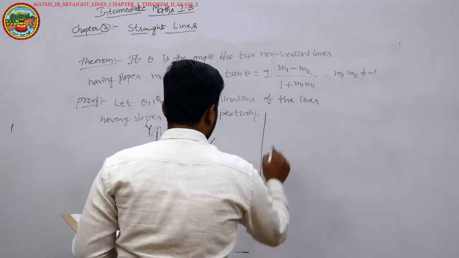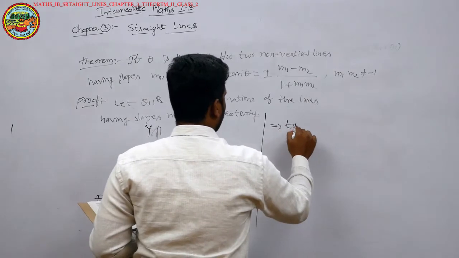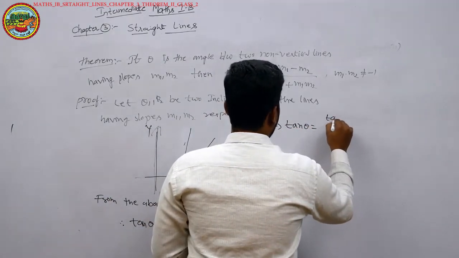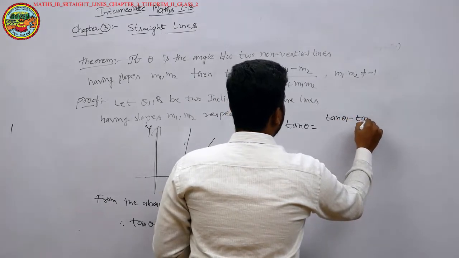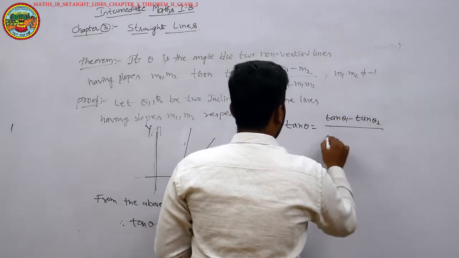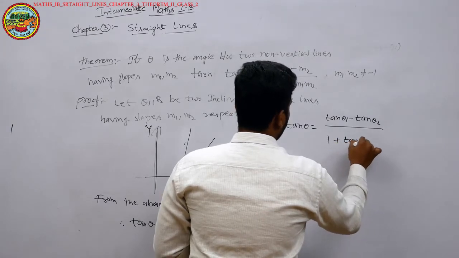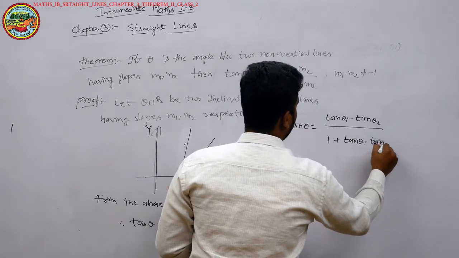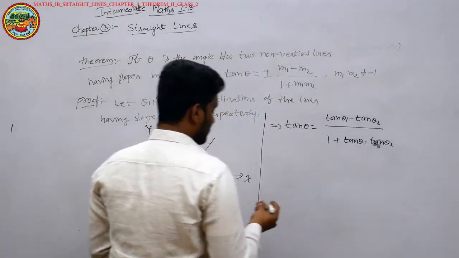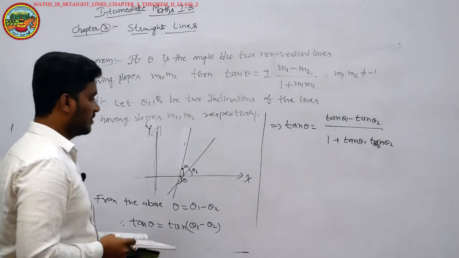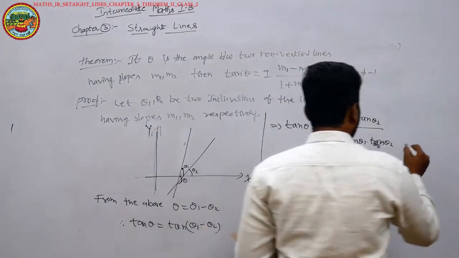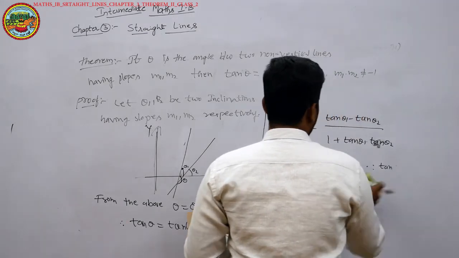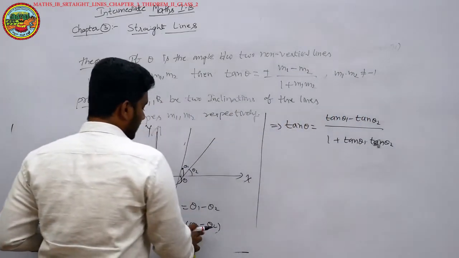So tan theta is equal to tan theta 1 minus tan theta 2 by 1 plus tan theta 1 into tan theta 2, since from the trigonometric formulas we have, directly we apply tan of theta 1 minus theta 2.